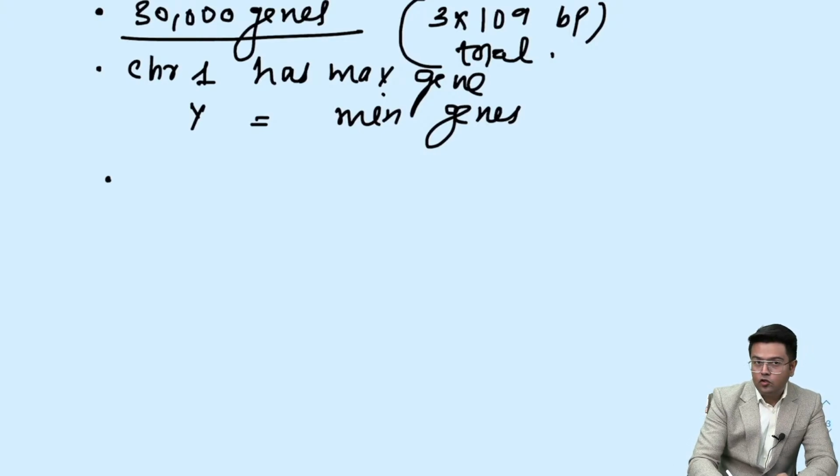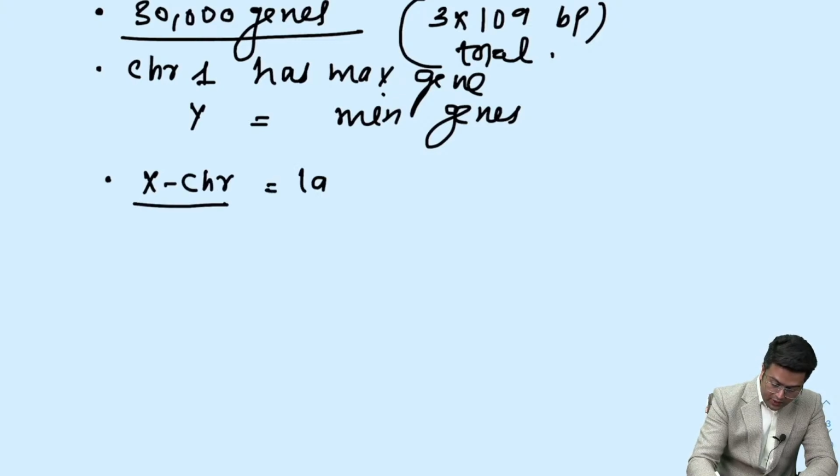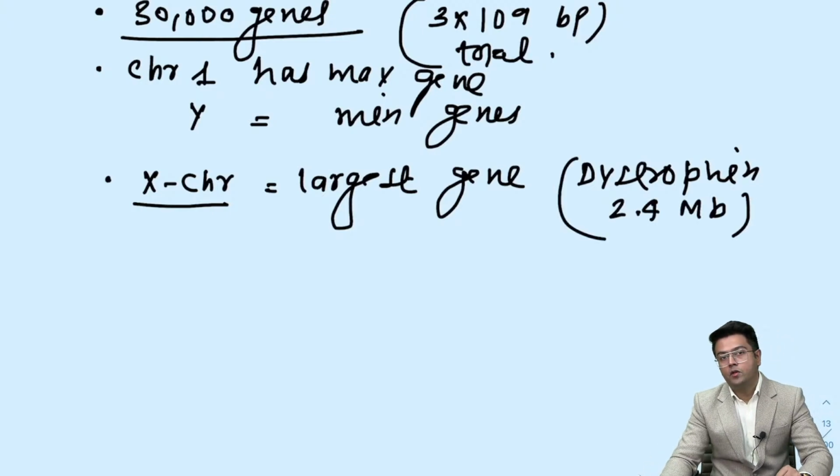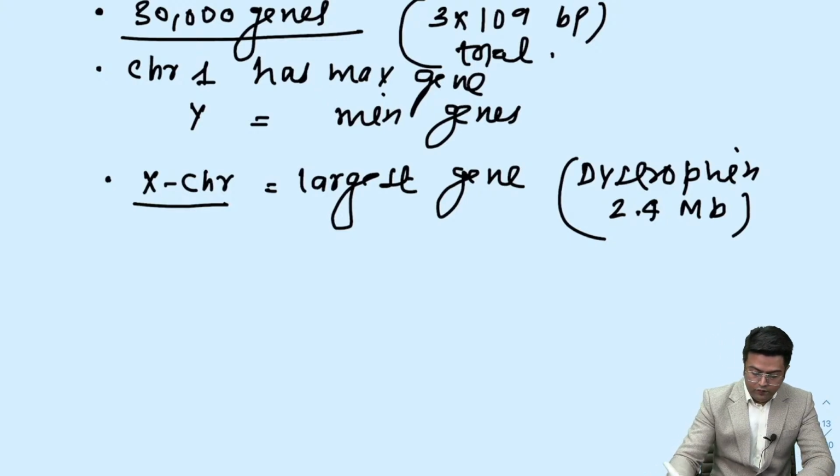Then guys, the X chromosome has the largest gene, that is of dystrophin, that is 2.4 megabases, or 2.4 million bases, right? So the dystrophin gene.